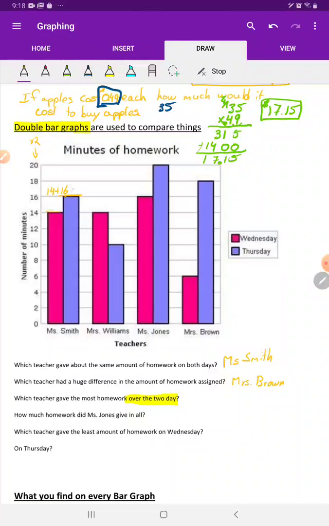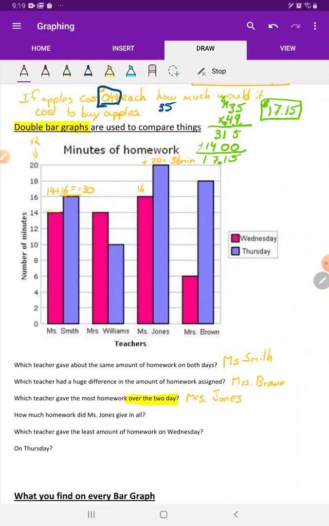So Mrs. Smith gave 14 minutes plus 16 minutes, which equals 30 minutes of homework. And Mrs. Jones gave 16 minutes plus 20 minutes of homework, which equals 36 minutes. So it is Mrs. Jones, but not because she has the tallest one section, because when you add her two sections together, she has the biggest number, okay?